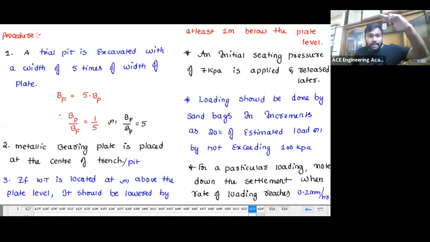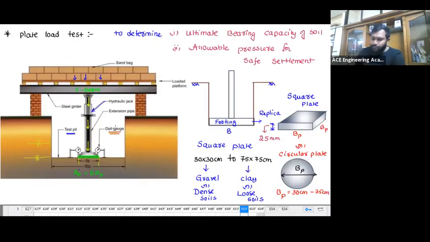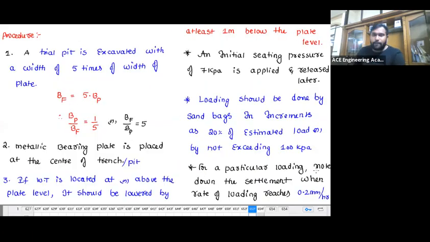So whenever it reaches 0.2 mm per hour, up to that point you take the settlements. And finally, for that particular loading, you are going to note down the settlement by using the dial gauge. For a particular loading, note down the settlement when the rate of loading reaches, sorry, it's not rate of loading, rate of settlement. Rate of settlement reaches 0.2 mm per hour.